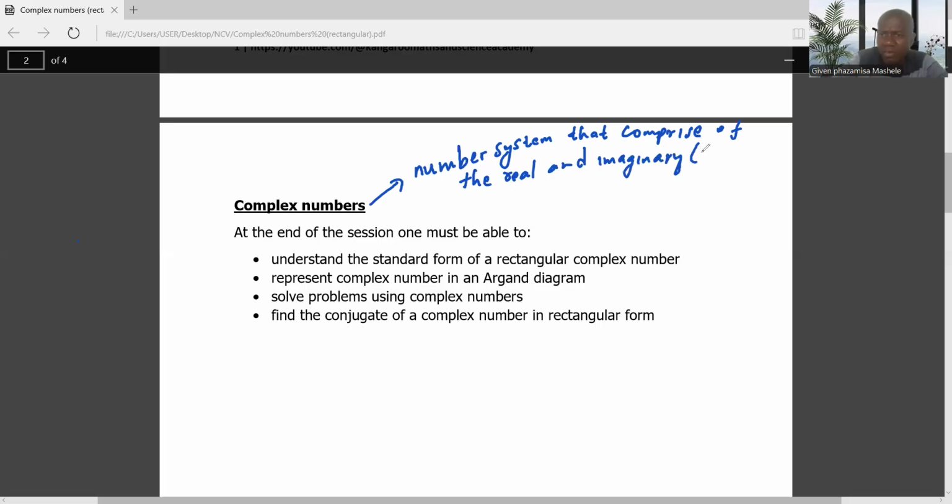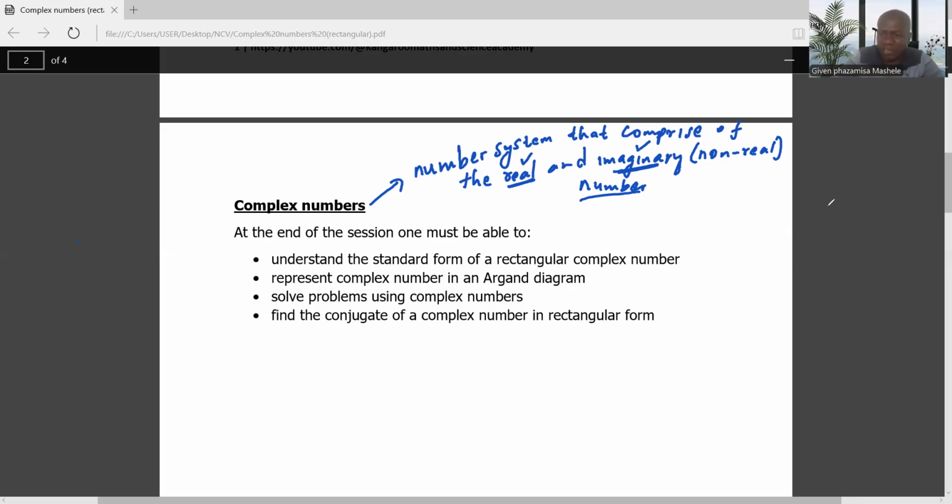In other books, we can call them non-real numbers, the imaginary numbers. So it means these complex numbers incorporate the relationship between the real number and the imaginary number. It's just a number system that comprises the real and the imaginary numbers. But now, what do we mean by these complex numbers?